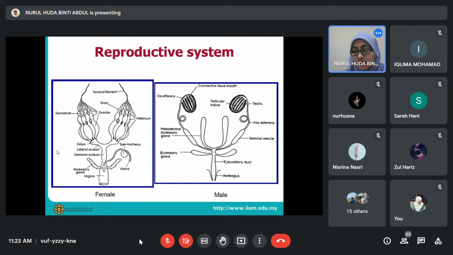Maksudnya, how to say, the fertilization sometimes does not occur on the same day, on the same time, or during the activity of mating process. So they mate. You imagine like this. They mate, and female have what we call spermatheca, where they can simpan, okay, keep the sperm there, maybe for a few, I don't know, depending on the species.